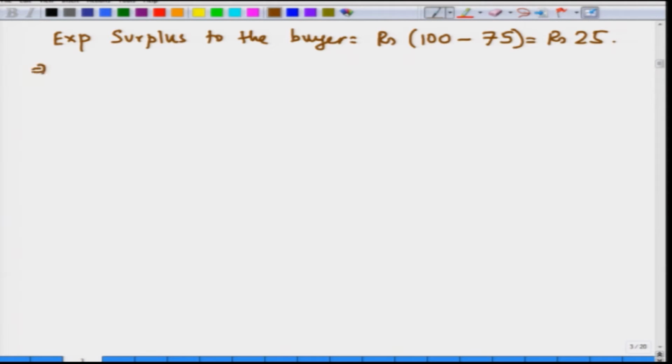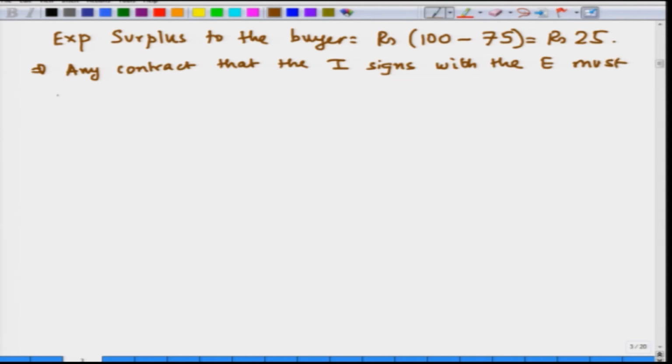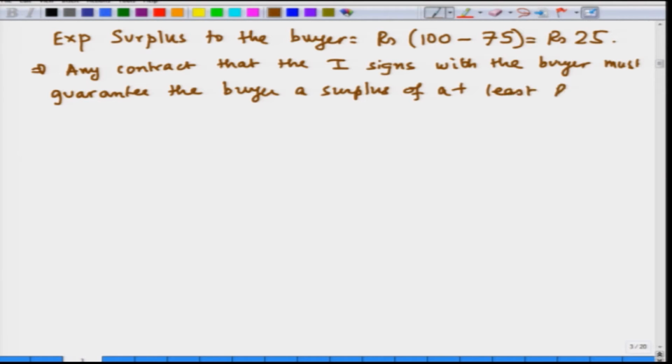So, any contract that the incumbent signs with the buyer must guarantee the buyer a surplus of at least rupees 25.